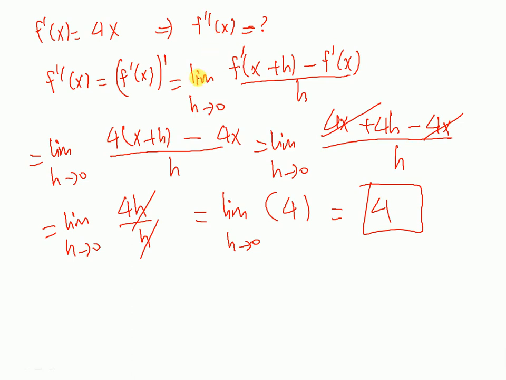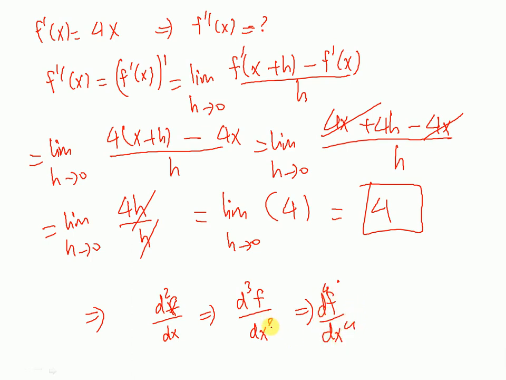Alright, so again, we can have the third derivative, the fourth one, and the same thing. You can write the notation as d squared f over dx squared for the second one, and d cubed for the third derivative, or the fourth derivative, or f prime, f double prime, f triple prime.